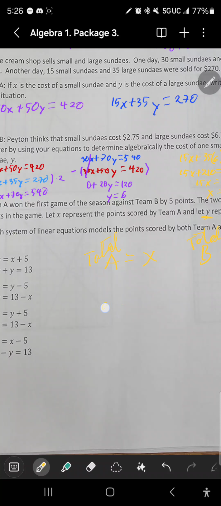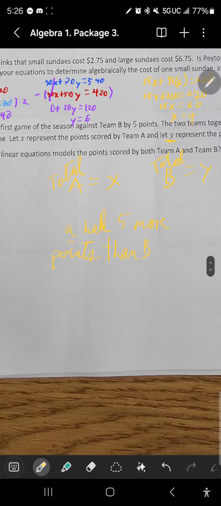So A has had 5 more points than B. And therefore, if the total of A is 5 greater than B, I would say that X, which is the total of A, is going to be equal Y plus 5.